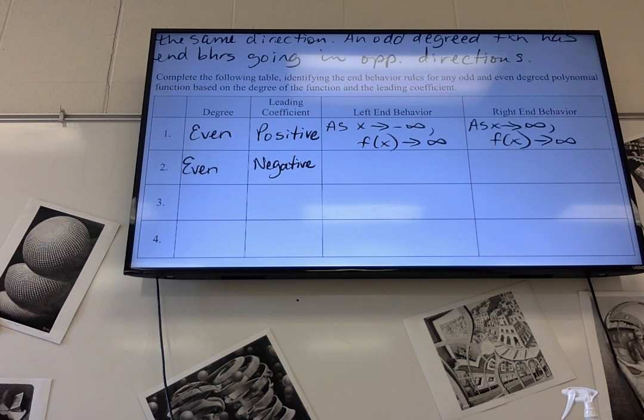And so that leading coefficient has to be a negative number. So as x approaches negative infinity, f of x approaches negative infinity. And as x approaches infinity, f of x approaches negative infinity. It just means they're both going down.